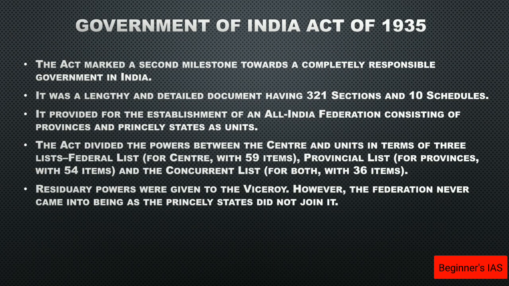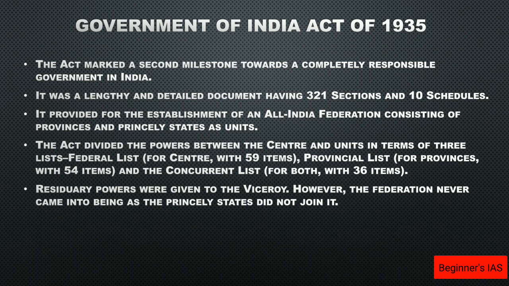Kindly note down that also. After these lists, the remaining powers, which are called residuary powers, were to be given to the governor general, that is Viceroy. However, the federation never came into being as the princely states did not join it. This is important. Did not join it.